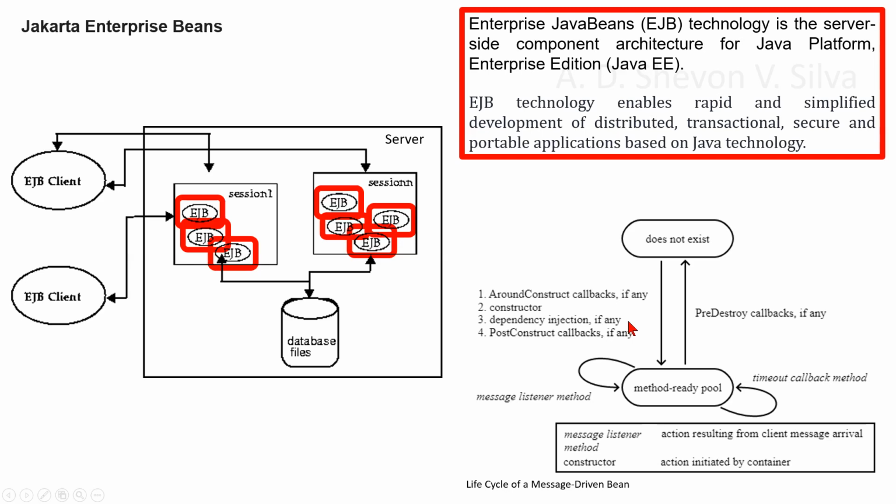The container then calls the bean's post-construct lifecycle callback methods, if any. The message-driven bean instance is now ready to be delivered a message sent to its associated destination or endpoint by any client, or a call from the container to a timeout callback method.